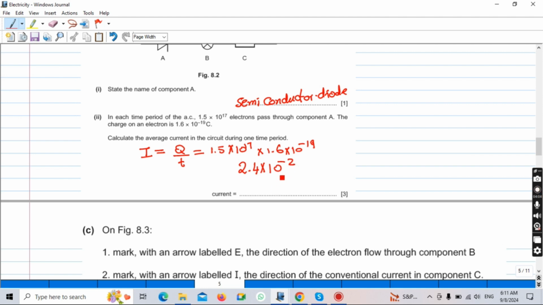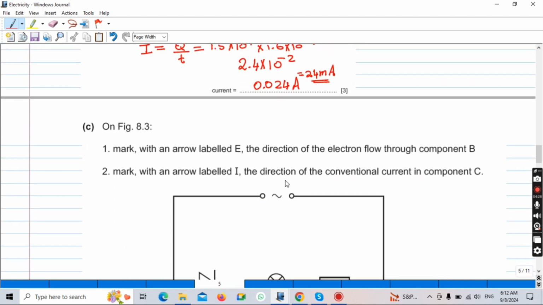And in fact, you can write it as 0.024 ampere. Or in fact, you can write it as 24 milliampere. So you can always write it as 24 milliampere, but it's preferred to write it in SI units.